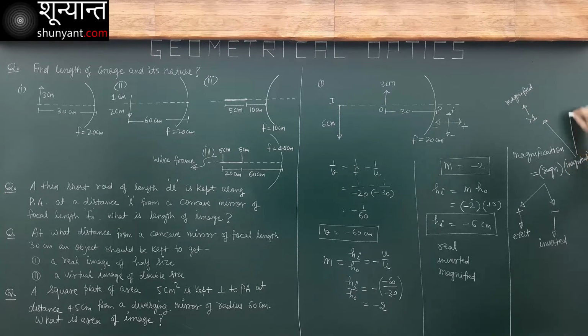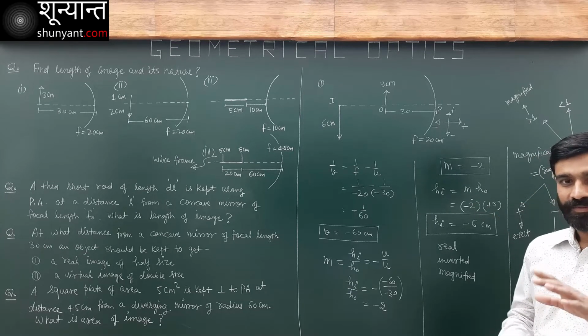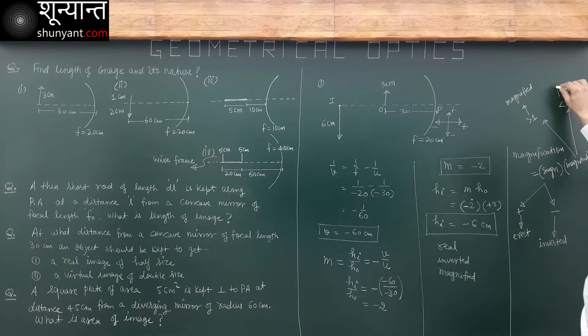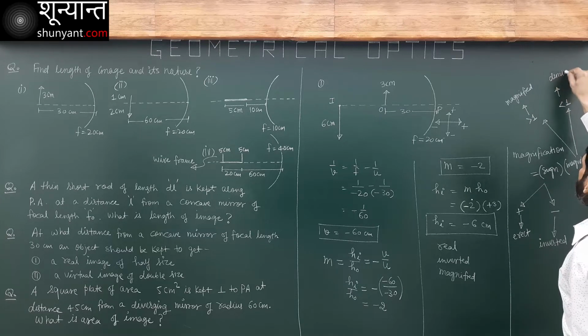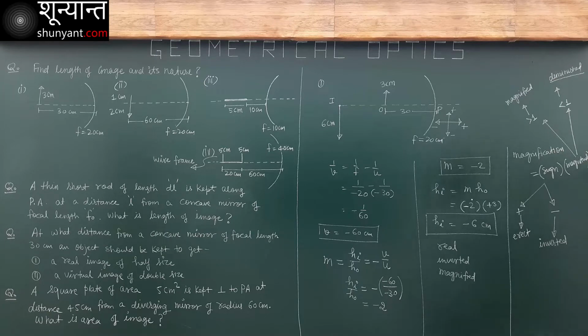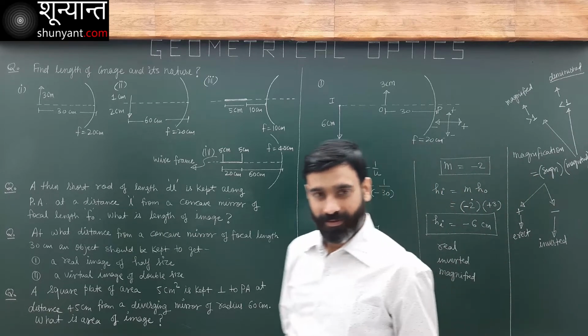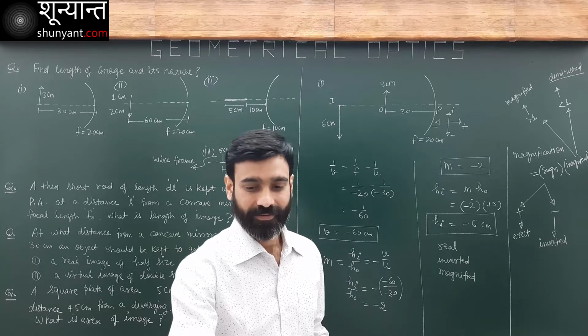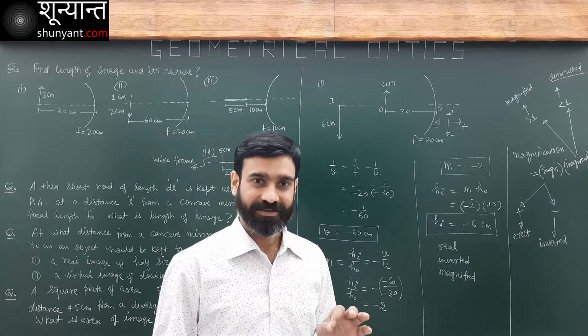And if this magnitude is less than 1, let's say it is half, 0.5, then the size of the image is going to be smaller than the size of the object. Then I get a diminished image, magnified and diminished. Okay, do you understand this thing? Very, very clearly as you can.